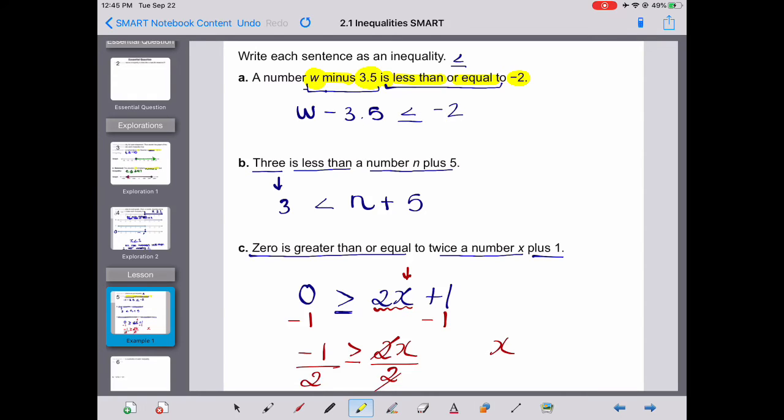This is where you're going to have to be careful in the future when we solve these. This says negative 1 is greater than or equal to x right now, or negative 1/2 is greater than or equal to x. See how the tail of the symbol is pointing to the x? When you rewrite it, keep the tail pointing to the x. And then the number on the right, negative 1/2. And then you would graph these, which again, we'll do in the next video.